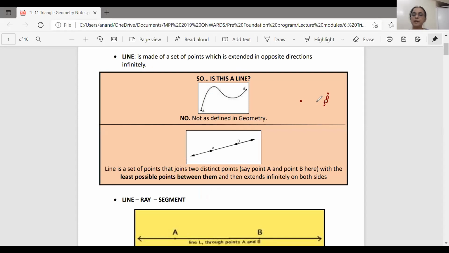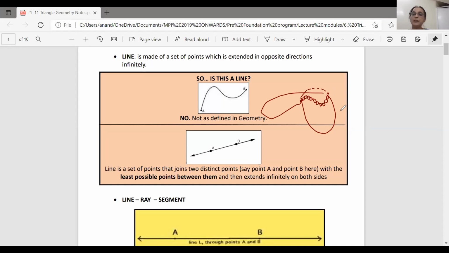In how many ways can I connect these 2 points with marbles? In innumerable ways, isn't it? I can connect it this way, this way, this way. In any which way, I can connect these 2 points using marbles.